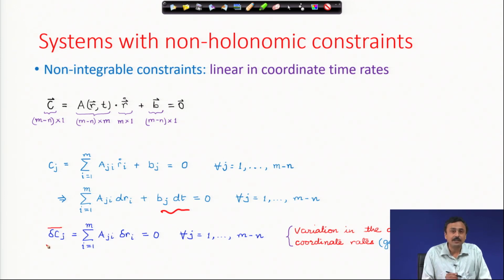It is not a variation of a scalar quantity called C. It is not to be supposed as a variation of a scalar quantity C, because these are non-integrable and they are not like partial derivatives, as we just now saw.